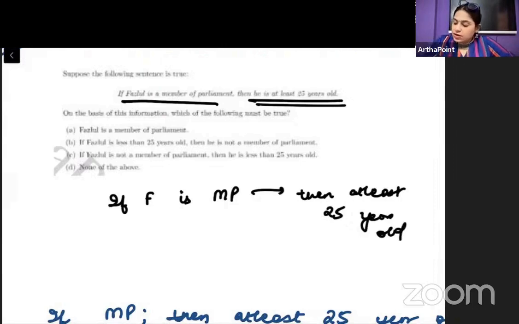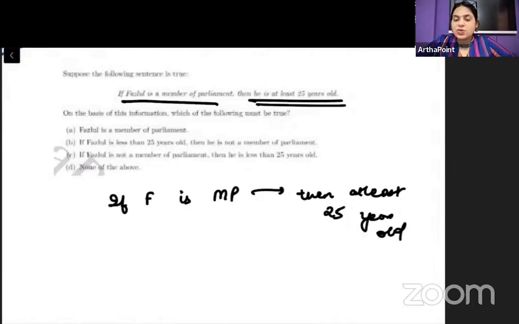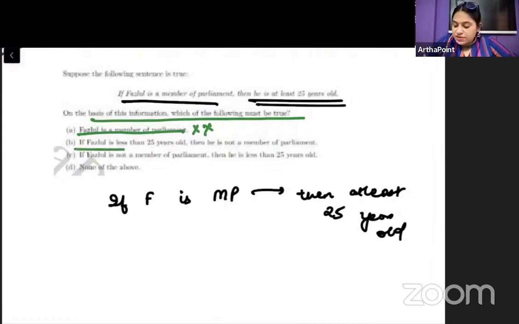So if you are MP, then at least 25 years old means that the minimum thing required for you to become an MP is that you must be 25 years old. That's an eligibility criteria. Now it says, based on this information, which of the following must be true? He is an MP? No. This does not say that he is MP. It says if he is MP, then 25 years old. It does not mean he is an MP. Then it says if he is less than 25 years old, then he is not an MP. This is definitely okay.